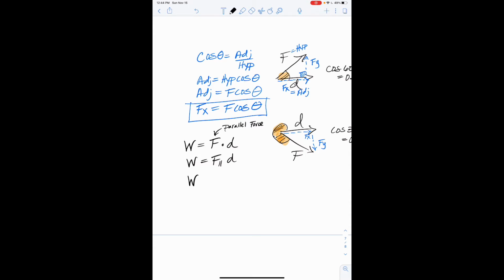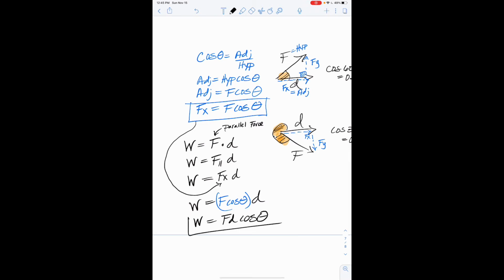Just like we had F perp times d, now we have F parallel times d. And so what I'm trying to say is that we sub in Fx here from above, and we end up seeing that W is equal to F cosine theta times d, which if I just rewrite it, we get our formula for work.